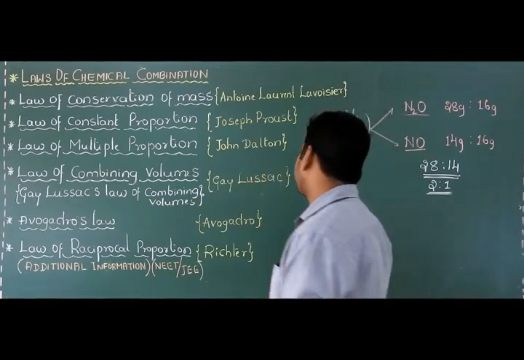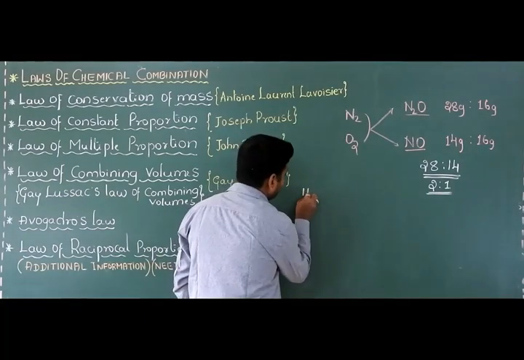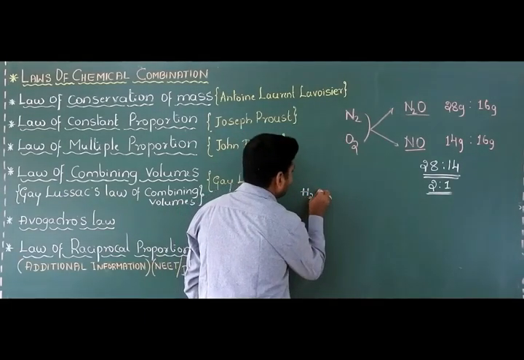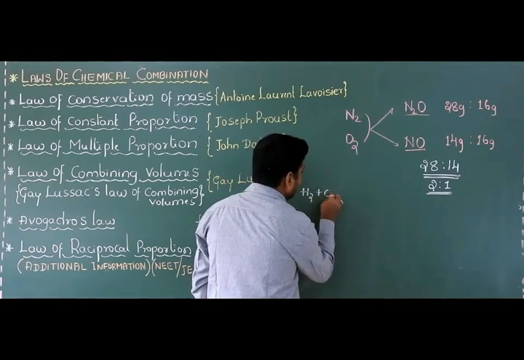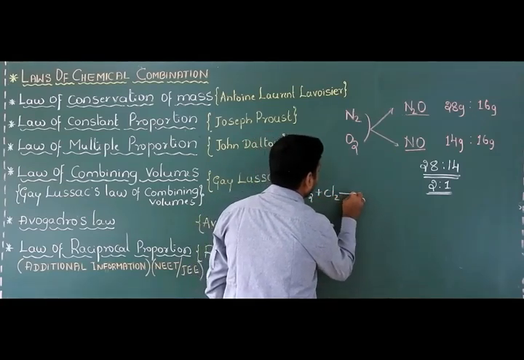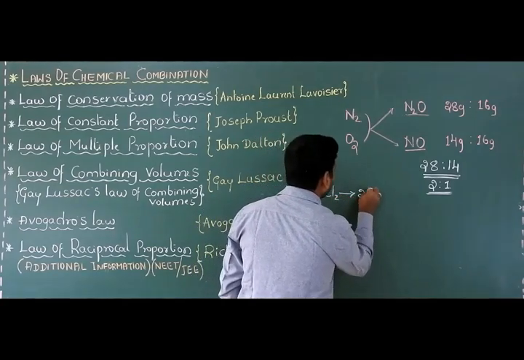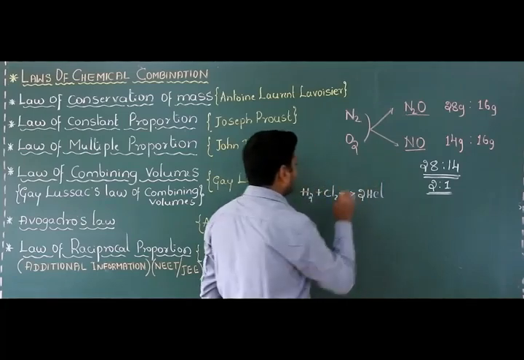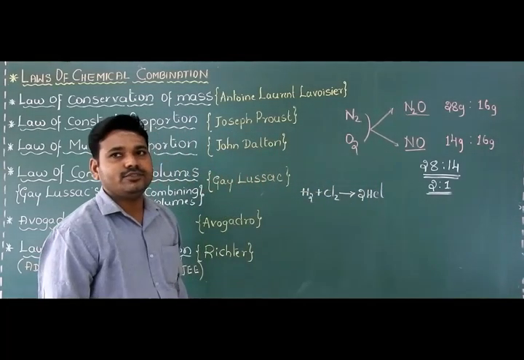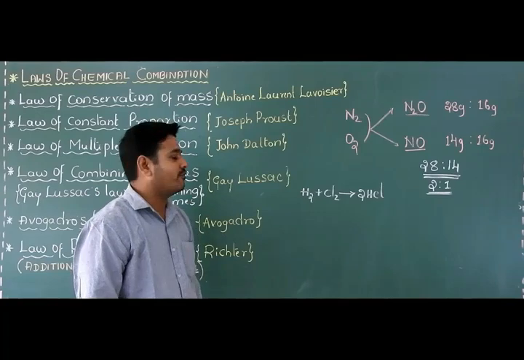And according to this statement, let us take an example. One volume of hydrogen combines with one volume of chlorine. It forms two volumes of hydrochloric acid. Listen to this example carefully.